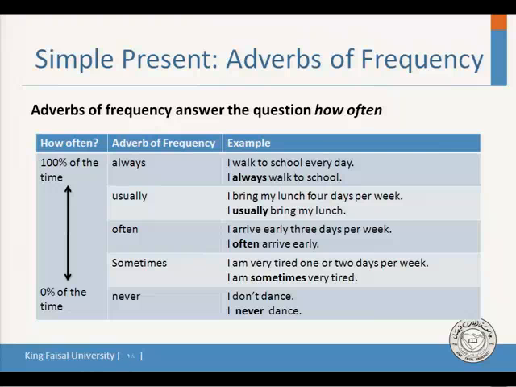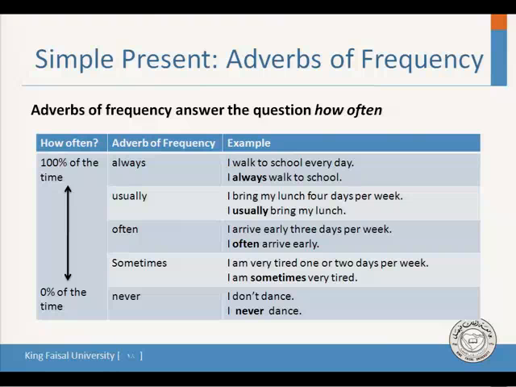On this slide, we have the adverbs of frequency. Here we have 5 adverbs of frequency. What are the adverbs of frequency, and why do we use them? We use the adverbs of frequency to say how often we do something. For example, I visit my grandfather once a week.